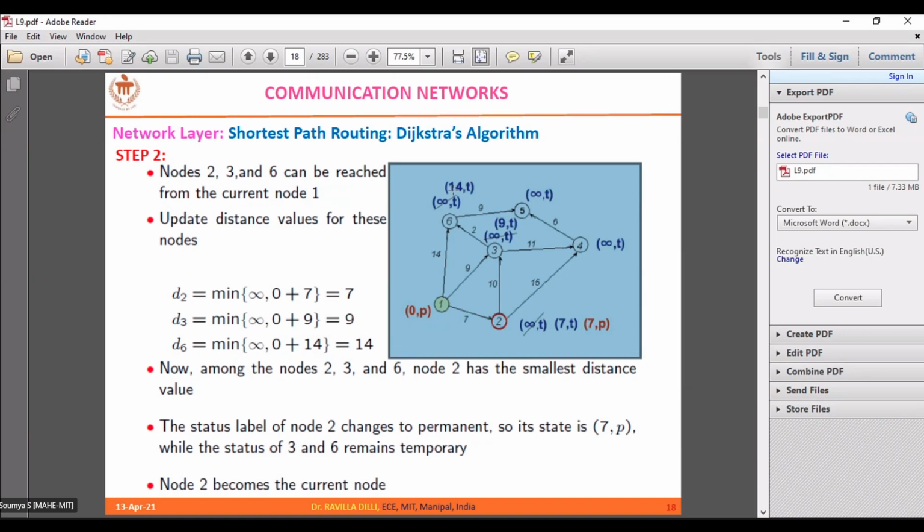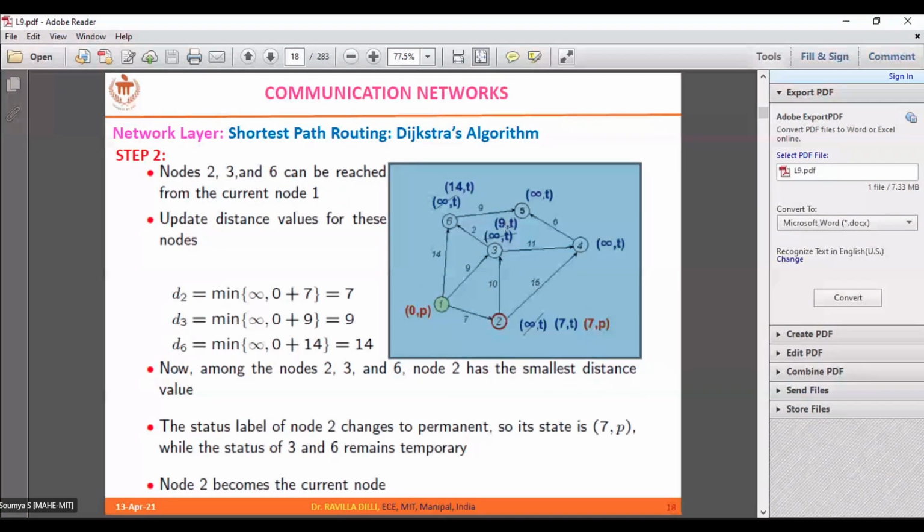Similarly, from 1 to 3, what will be the cost? At 1, we've got 0. Cost of 1 is 0, and cost of the link between 1 and 3 is 9. 0 plus 9 is 9. What is existing at 3 is infinity. So what we've got now, that is 9, is less than infinity. So the cost at 3 will be replaced by 9 comma t.